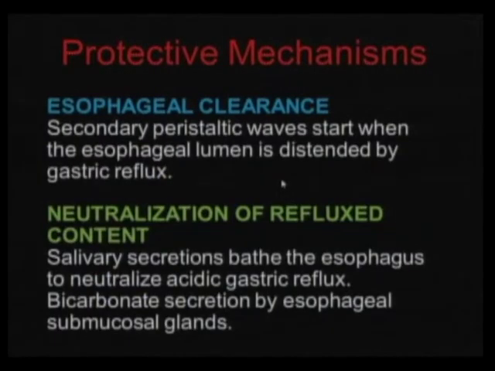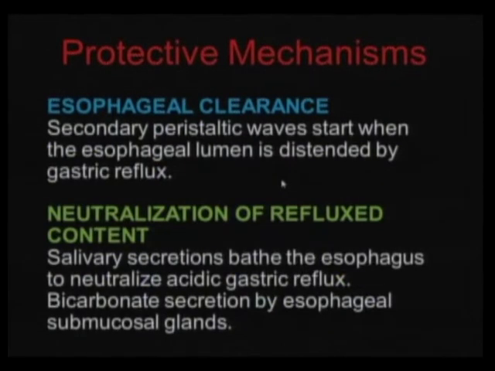Okay, but the esophagus has some protective mechanisms, okay? The most important probably is the esophageal clearance, okay? So once the patient has reflux, there is an abrupt distension of the lower esophagus, and this starts secondary peristaltic waves, okay?